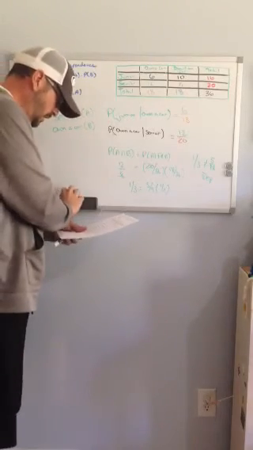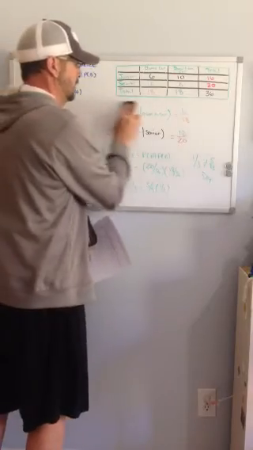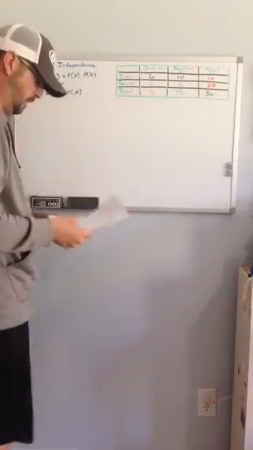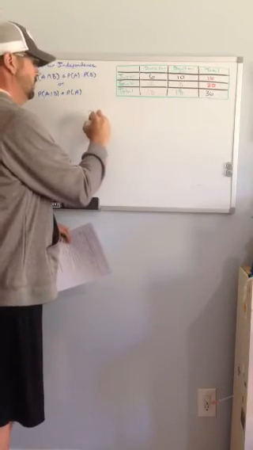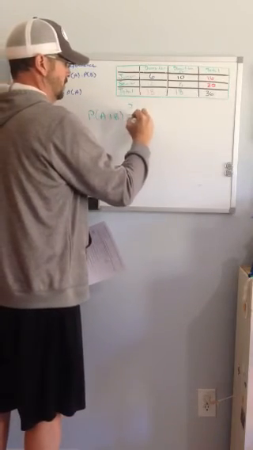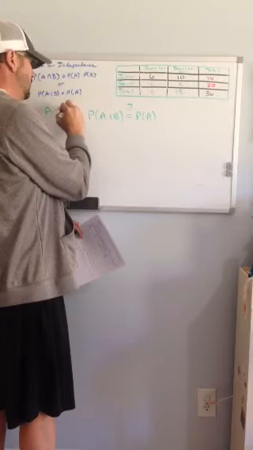To look at it the other way, probability of A given B, seeing if that is equal to the probability of A. So probability of A given B, does that equal the probability of A? Remember that A was being a senior.